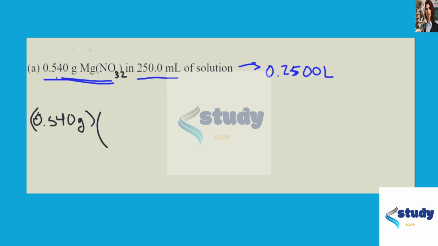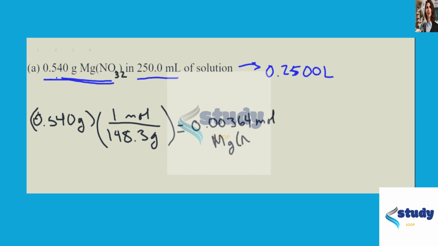If we use our periodic table, we find that to be 148.3 grams for every 1 mole of magnesium nitrate. You see that the grams units cancel, and we get moles of magnesium nitrate, 0.00364. And again, this is Mg(NO3)2.